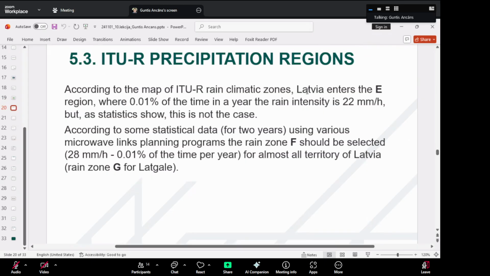So for Latvia, the intensity is 22 millimeters per hour.